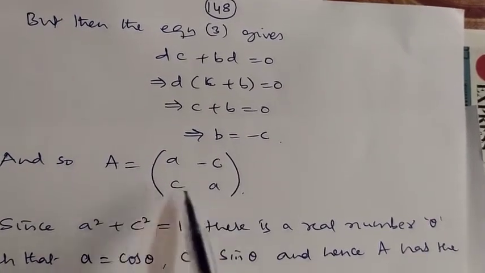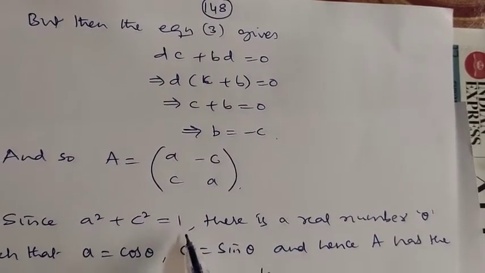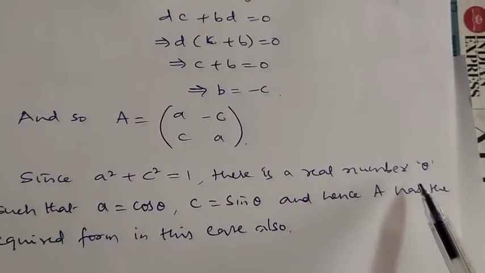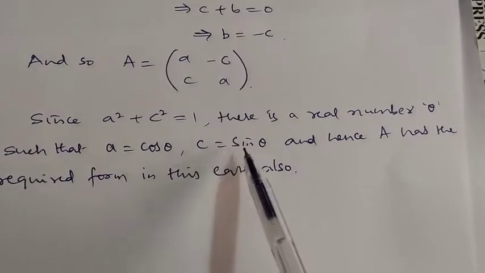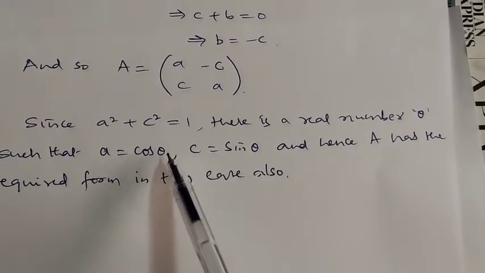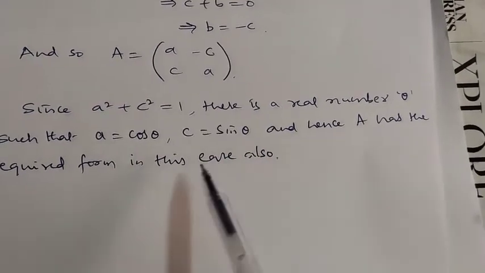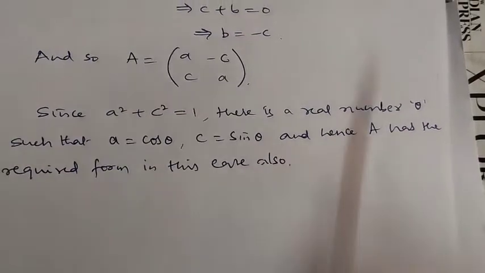Now since a square plus c square is 1 and the determinant is 1, there is a real number theta such that a can be written as cos theta and c can be written as sin theta, and A has the required form in this case also. Thus we have the required form.